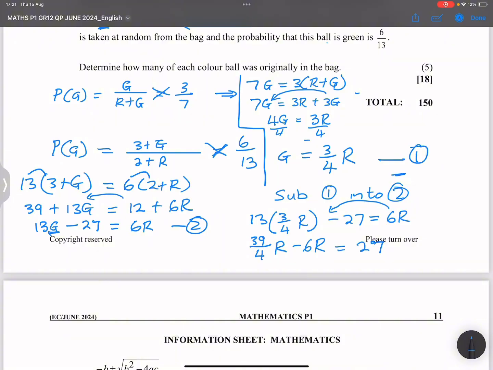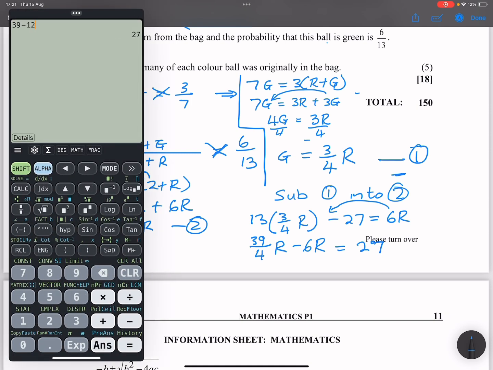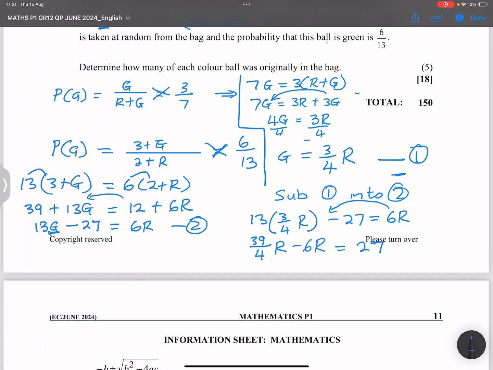Right, let's work with fractions, ladies and gents. So if I say 39 over 4, and I subtract 6, that would give me 15 over 4, so that's 15 over 4r. Okay, so 15 over 4r would be equal to 27.